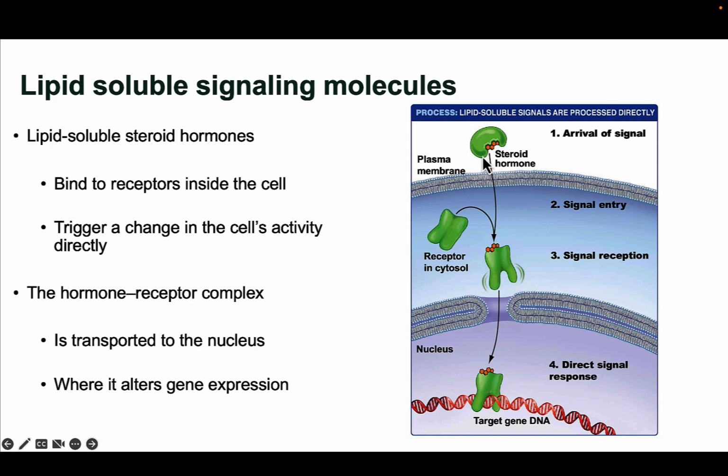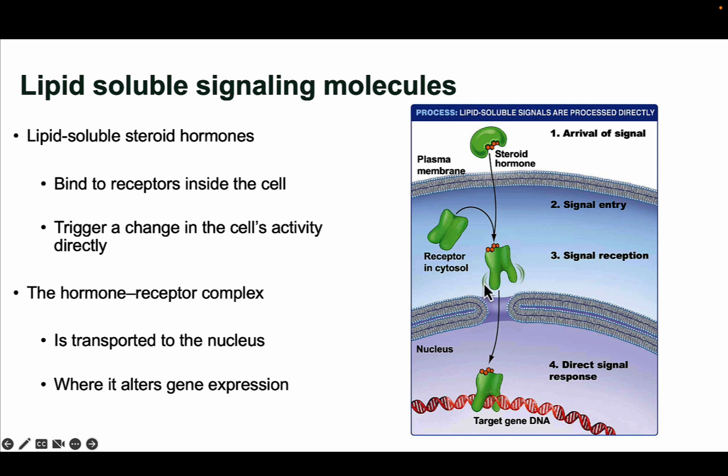You can think of this as: here is our quarterback, and they've thrown this signal straight through to a receiver, and then that receiver is going to go right into the end zone. And in this case, our end zone is the nucleus. So this shape change may have exposed a nuclear localization signal. It might have been hidden in the interior of this protein, and then when it bound to the ligand, or bound to the hormone, this caused a shape change.